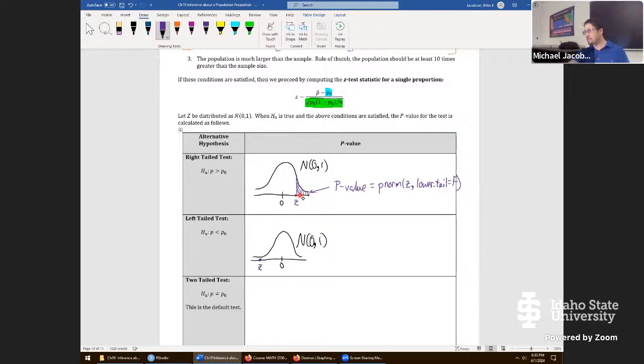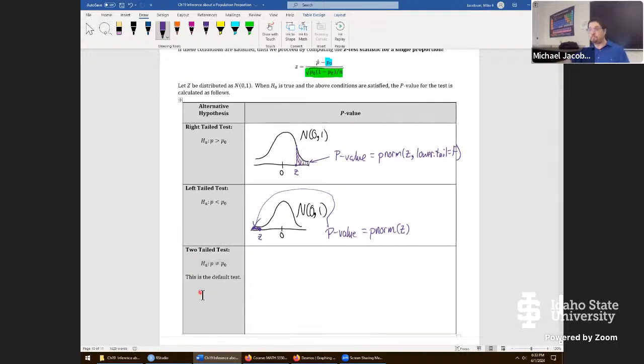If it looks like this, here you probably would reject the null hypothesis. That p-value is probably something like 0.3, the way it's plotted. So in this case, the p-value would just be pnorm(Z) and nothing else. So that's what gives us this area right here.